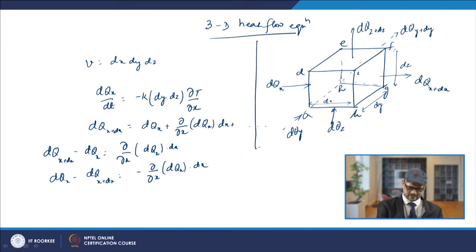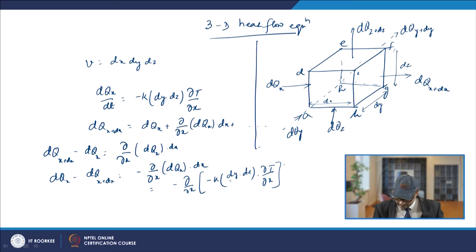Now if you substitute the value of dqx, this becomes minus dou by dou x of minus k dy dz dou T by dou x, and then you have dx into dt. That dt will go to this side.